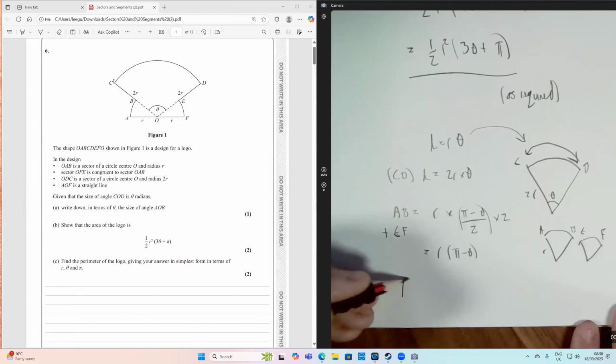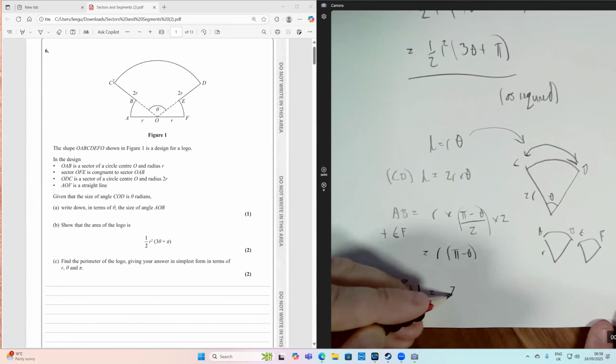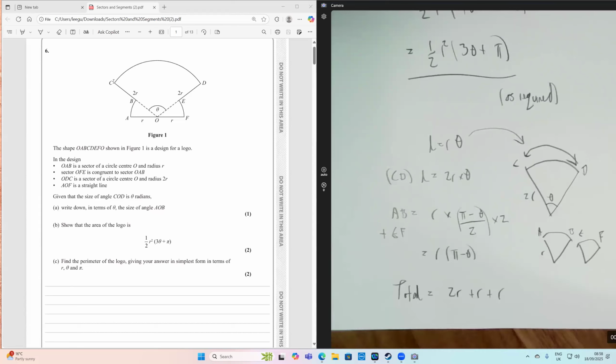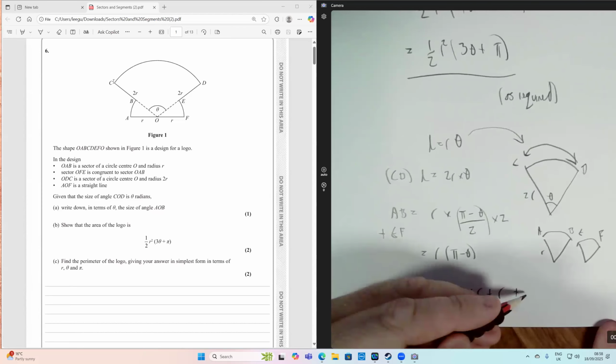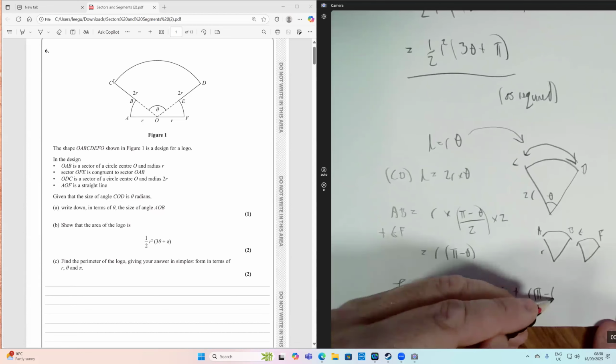So the total perimeter is going to be given by 2 lots of r along the bottom. We've got another r from C to B. We've got another r from E to D. We've got this expression here, our r times (pi minus theta).